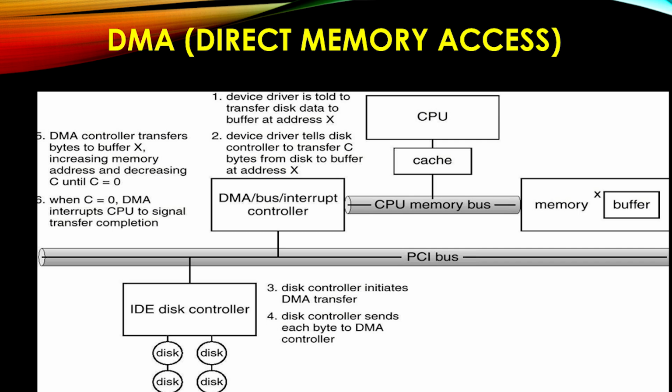The fourth step is the disk controller sends each byte to the DMA controller. The fifth step is the DMA controller transfers bytes to buffer X, increasing the memory address and decreasing C until C is equal to 0. Steps 2, 3, 4 are repeated until C becomes 0. When C becomes 0, DMA interrupts the CPU to signal transfer completion.